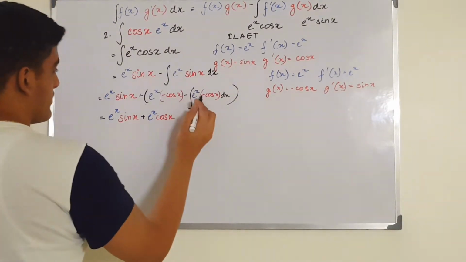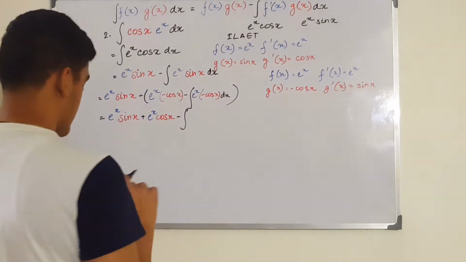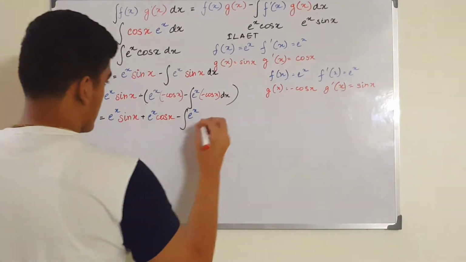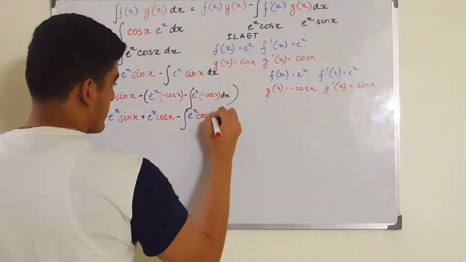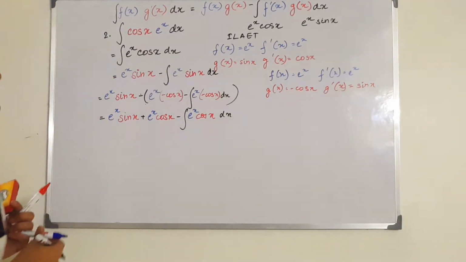And here there will be 3 minuses involved, so it's going to be minus the integration of e to the power x cos x dx.